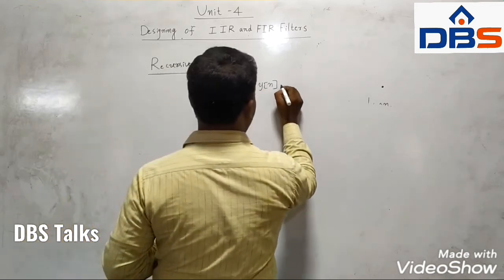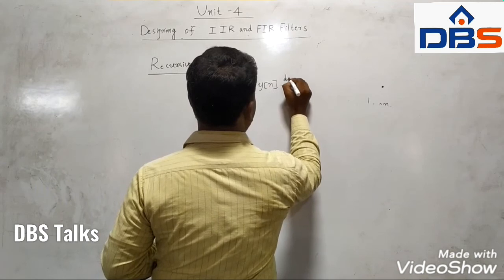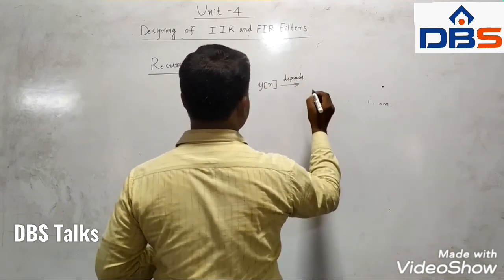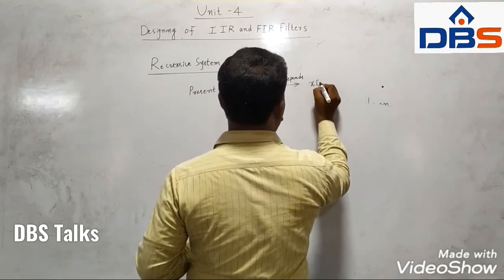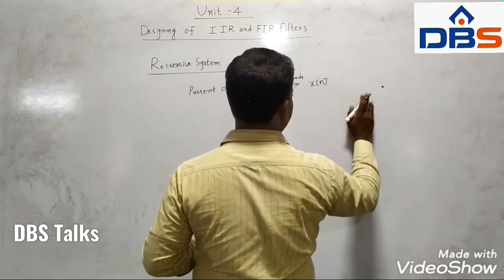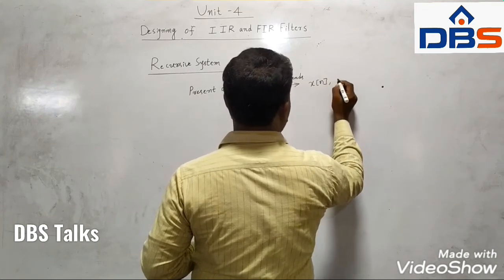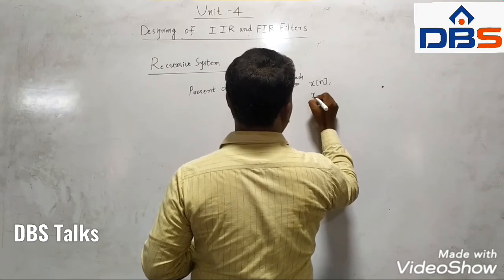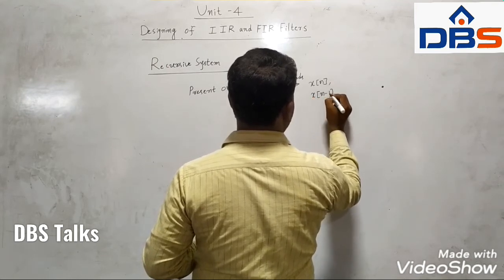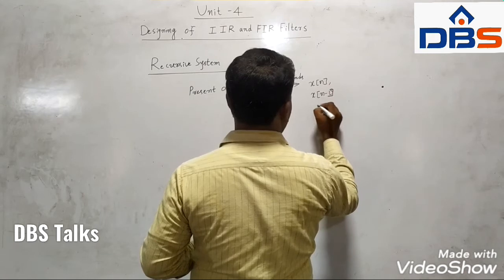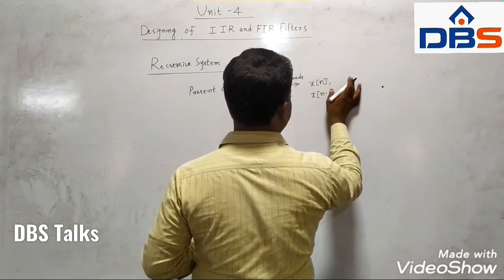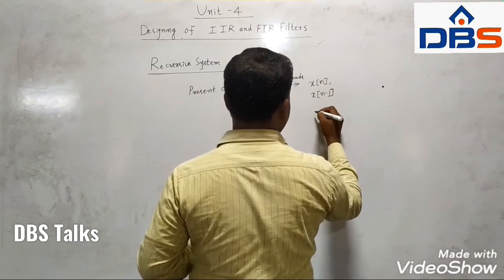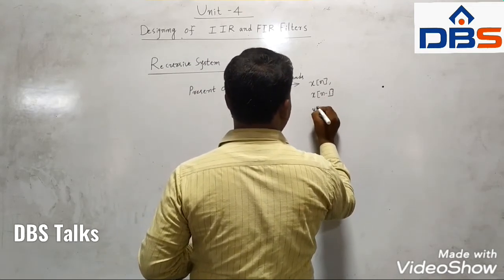It depends on present inputs x of n and past inputs like x of n minus 1, x of n minus 2 and so on, up to x of n minus some capital M, and also in addition to this, past outputs.